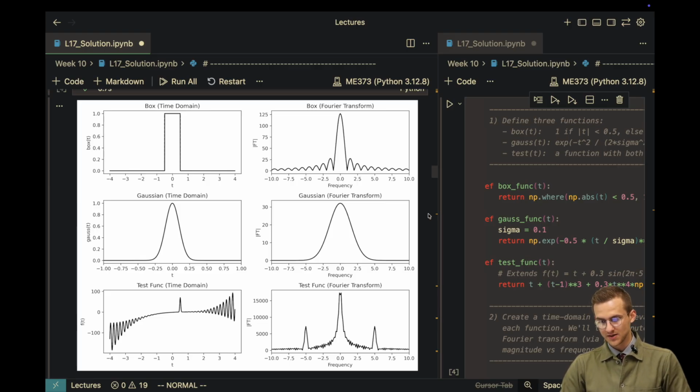One of the main ways the Fourier transform is used is in signal processing and filtering. So we talked about what the Fourier transform is really doing: it's telling you how much of the power or content of a signal belongs to each frequency.